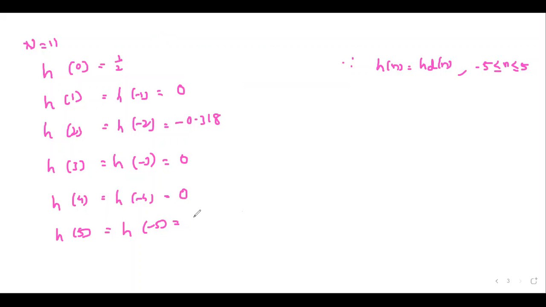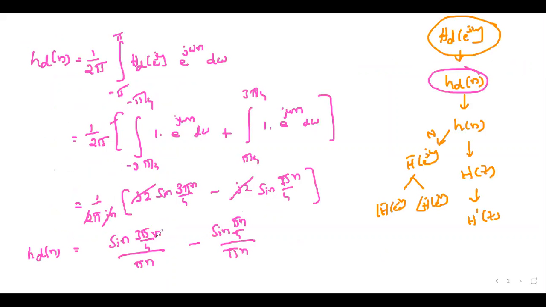H of 5 is also 0. Sine 8 pi by 4, sorry, 15 pi by 4, so it will be 3 pi by 4 again. Here it is 5 pi by 4. I think it is wrong. Can you check it once? Both will not get cancelled. Substitute n equal to 5, so it is 15 pi by 4.